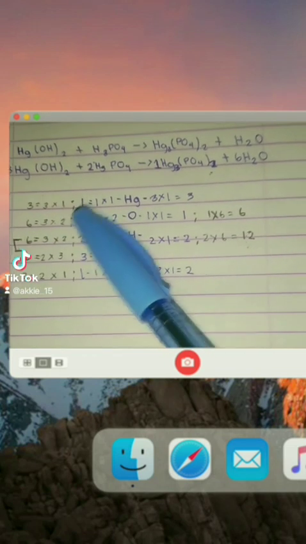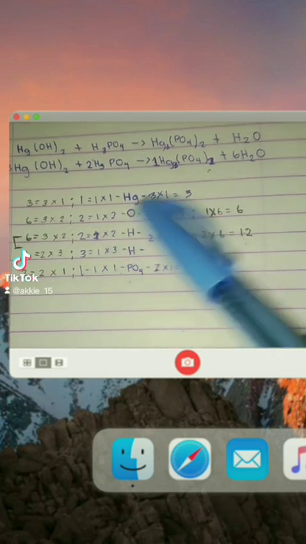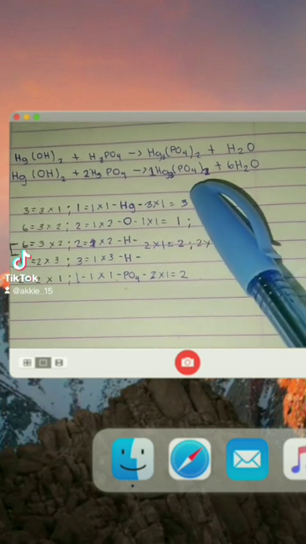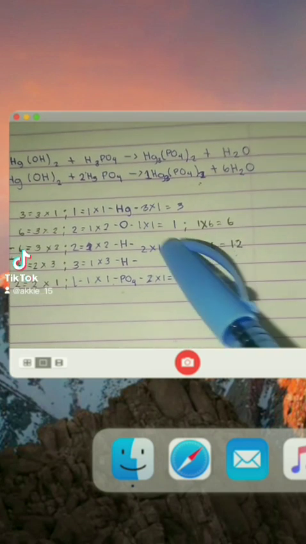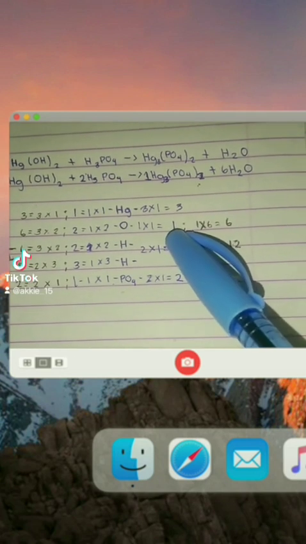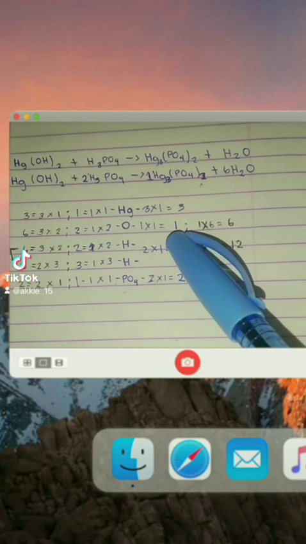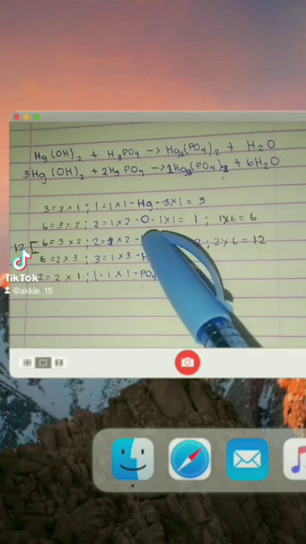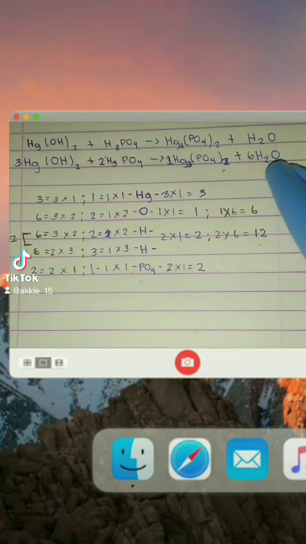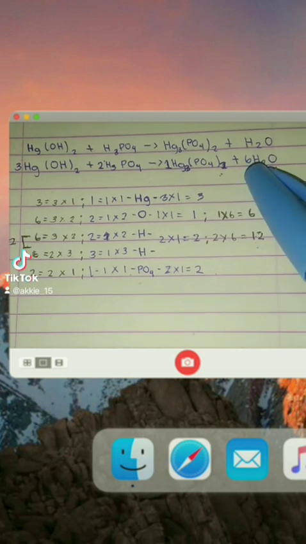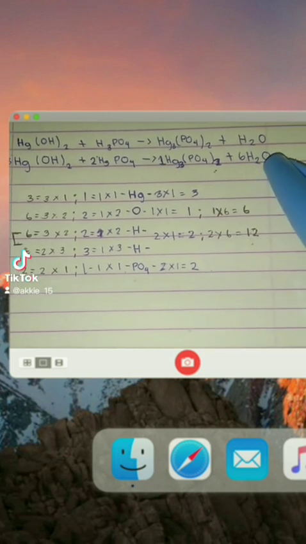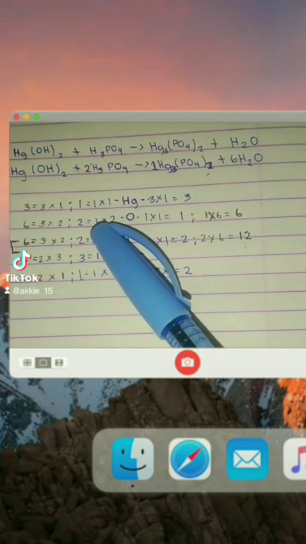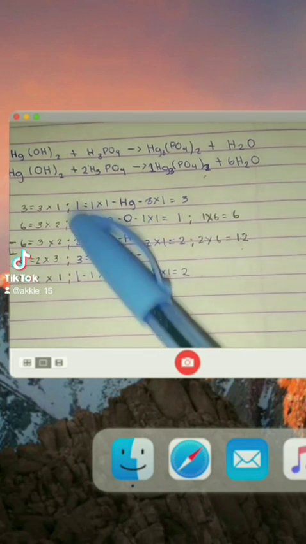Let us look at our product side. On the reactant side, we have 6 oxygen, while in our product side, we only have 1 oxygen. So let us change our coefficient. Let us look for a coefficient that will equal 6 so that our oxygen will be balanced. So let us write 6 here as our coefficient to be equal to the total number of atoms on the reactant side.